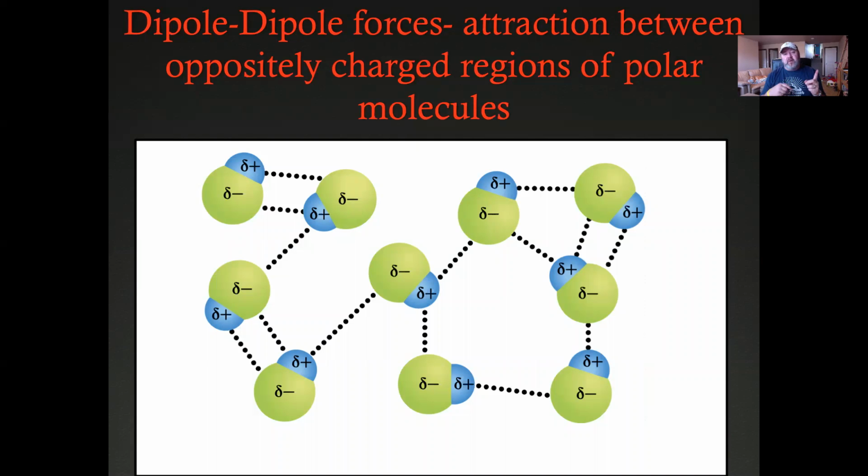The positive side of one is attracted to the negative side of the other. Because they have those electrostatic interactions, where like charges repel and opposites attract, they create an attraction for one another. This funny looking S-looking thing just means partial, and that represents a dipole in a molecule or an ion or a particle or whatever it happens to be.